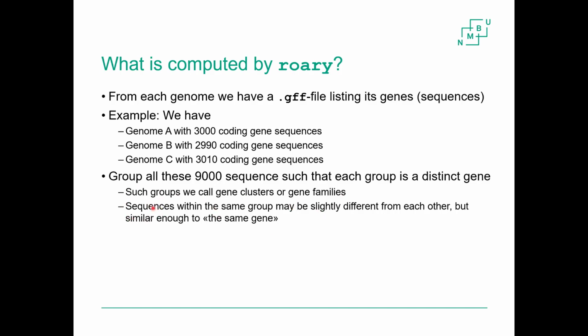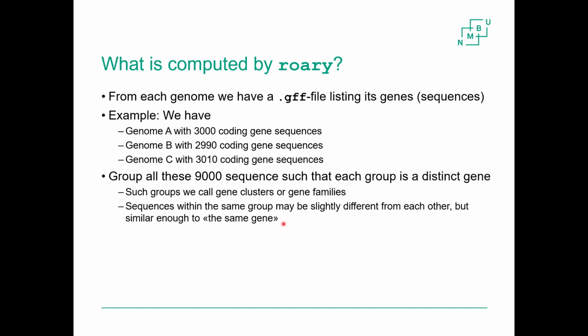And notice, as I said, the sequences within the same group may be slightly different, but similar enough to be the same gene. And of course, there are some thresholds here that will decide how dissimilar sequences end up in the same group. So there are some potential uncertainties here when we do this pangenome computation. Are the sequences in the same group really the same gene?